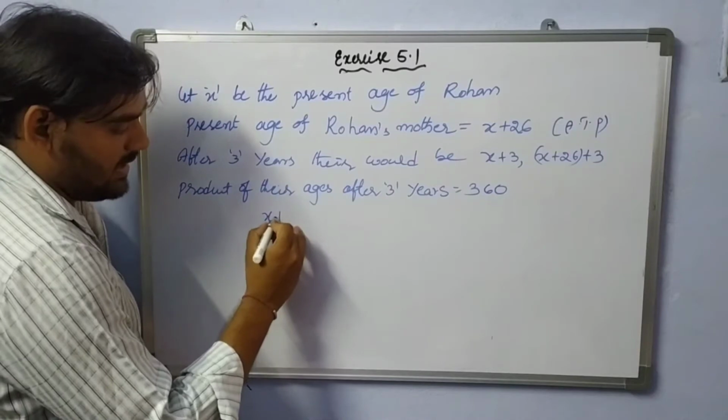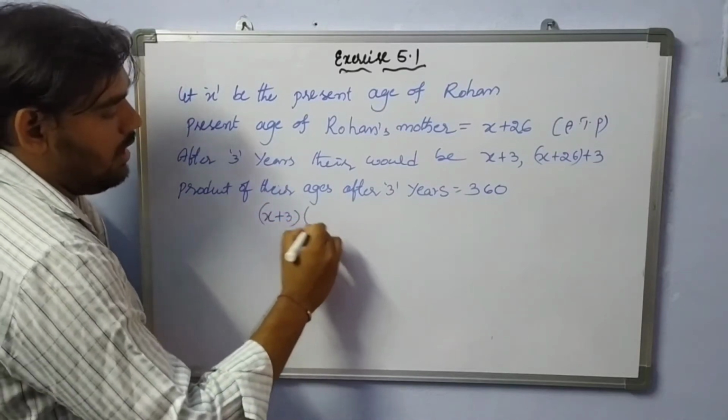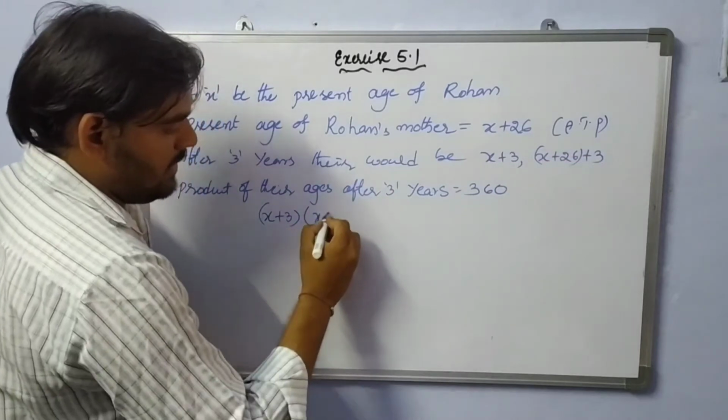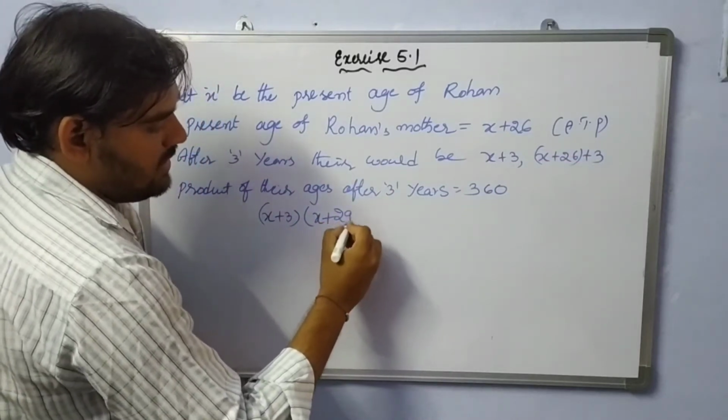So here Rohan's age will be x plus 3. Her mother's age will be x plus 26 plus 3, which is x plus 29.